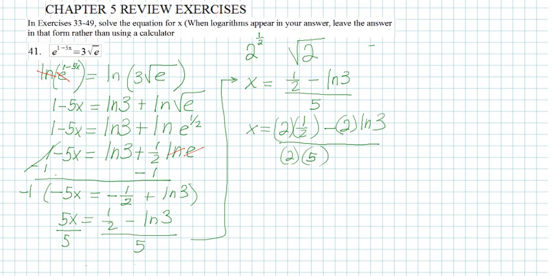So notice I applied the 2 to the three coefficients. All right, so I'm ready for my final kill. So now I have x equals 1 minus 2 ln 3 divided by 10. And that is my final answer.